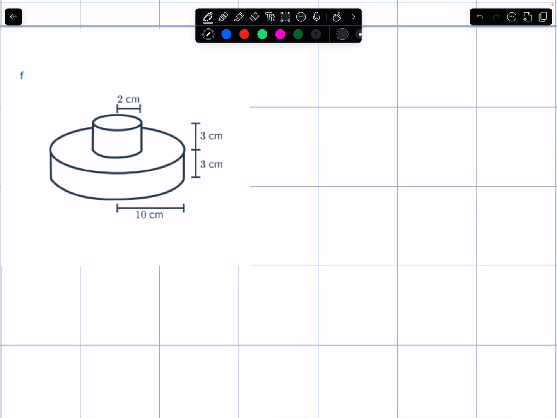Okay. We have 2 cylinders. So our surface area is going to be equal to the surface area of the pink cylinder plus the surface area of the green cylinder.